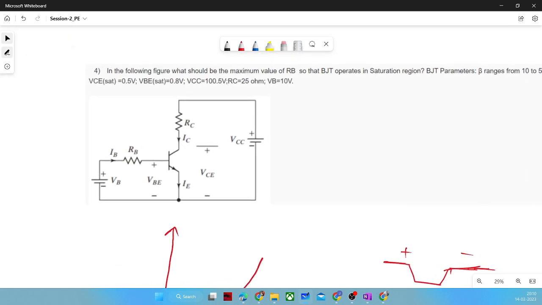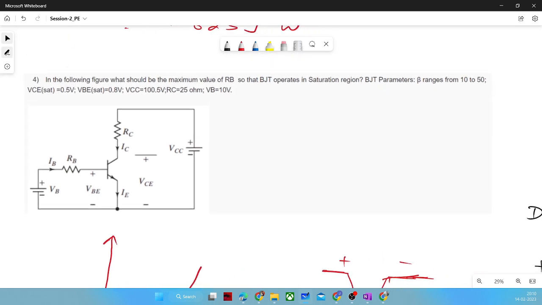Let me come back to question number 4. We need to identify the maximum value of RB. At certain point, in the final steps, you need to put some value of beta, either 10 or 50, so that our limit can be decided.